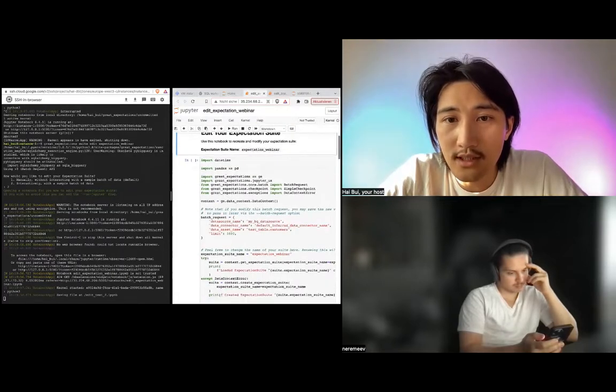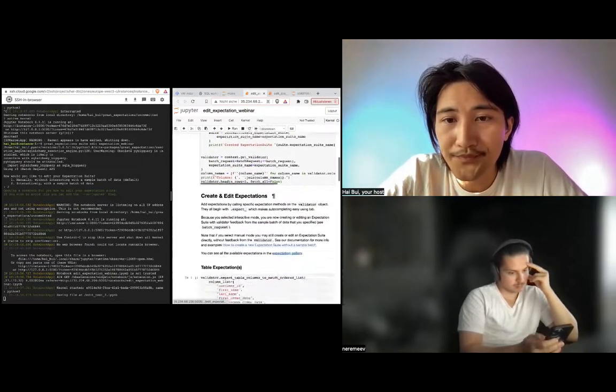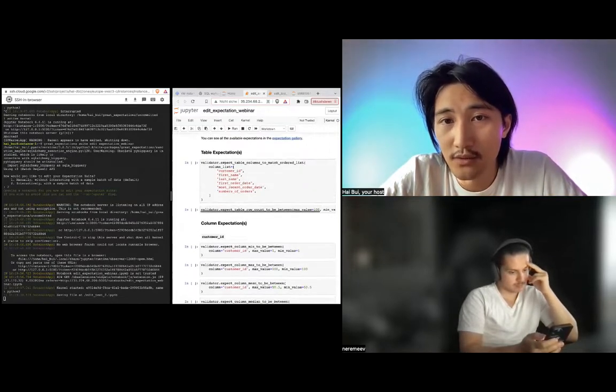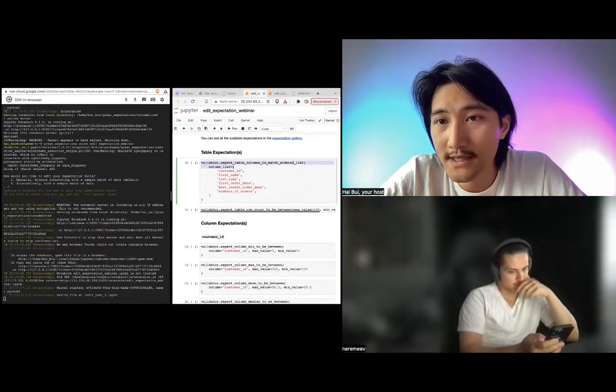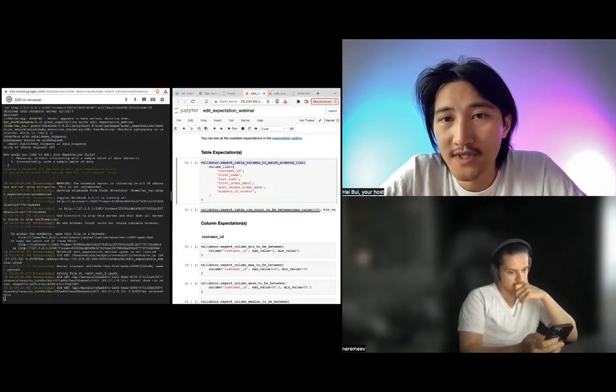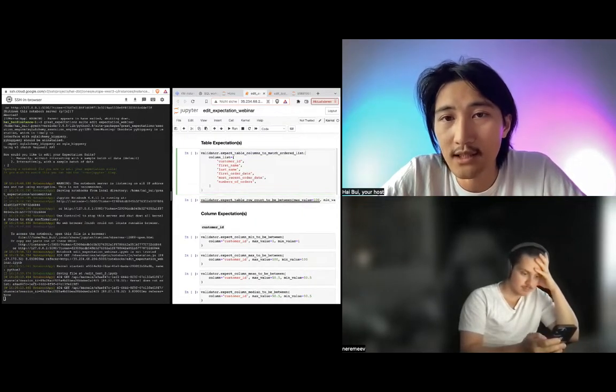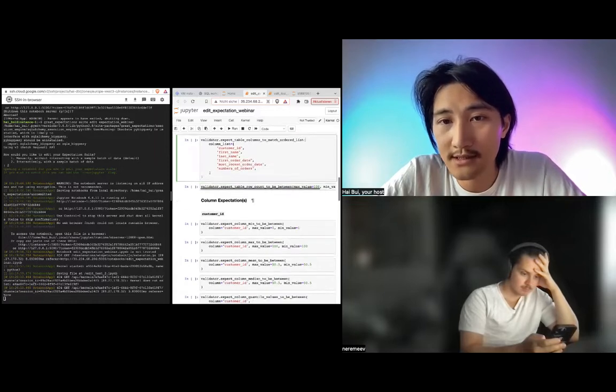The tests look like this. You have table level tests. So the first test, this is one test basically. This is your data set. And then this function is basically a test. So this one tests if the table has the columns in this list.